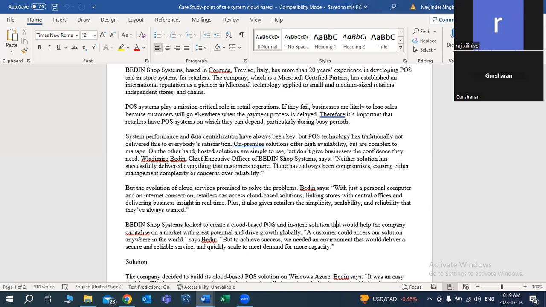The regular traditional point of sale system which store owners are using nowadays does not have proper system performance, and there is no data centralization. This is especially important for retail store owners to manage their applications. Hence, system performance and data centralization are the two major problems. Understood? Go to the BRD document.